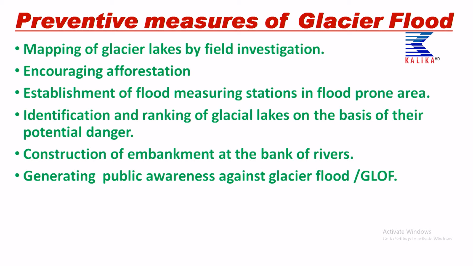Generating public awareness against glacier flood. So what is a glacier flood? How does it happen? If someone is living next to a glacial lake, it may cause a glacier flood or glacial lake outburst flood. They need to know and they need to move away from that area if it is very dangerous to live there.